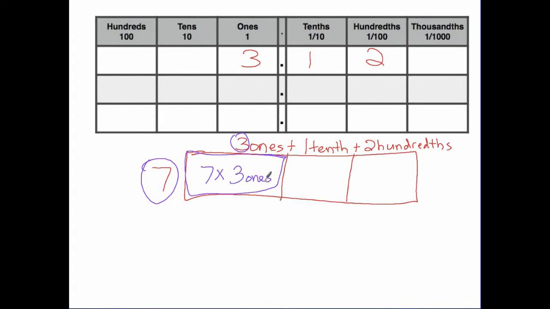What would I multiply by in the next box? 7 times 1. And what would I multiply by in the next box? 7 times 2 hundredths.